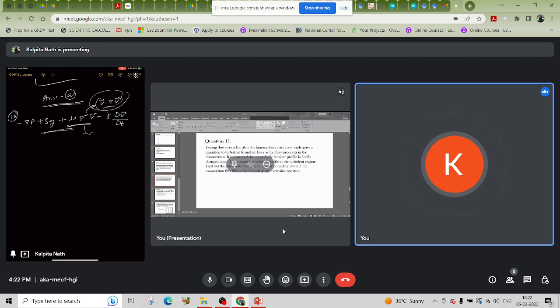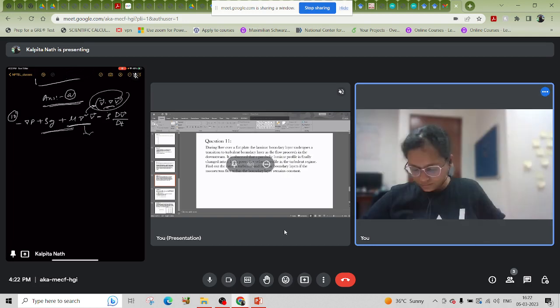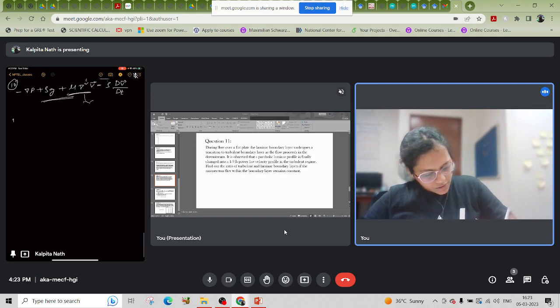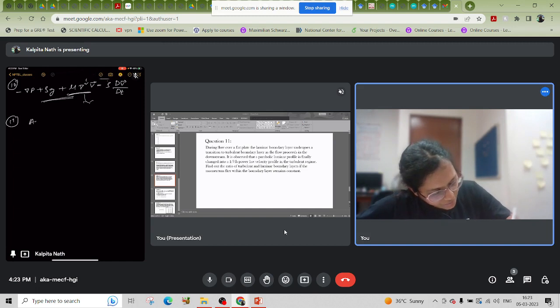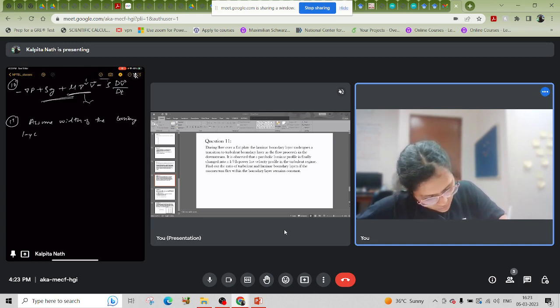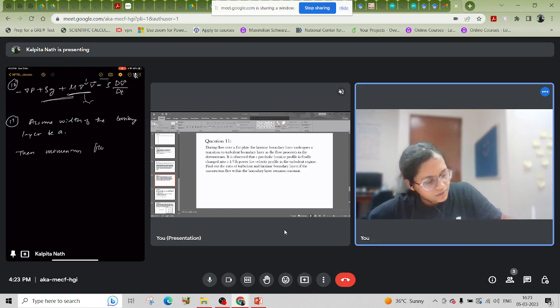So let us start with the solution now. This is question number 11, right? First, assume the width of the boundary layer be A. Then momentum flux is equal to rho u A dy u.